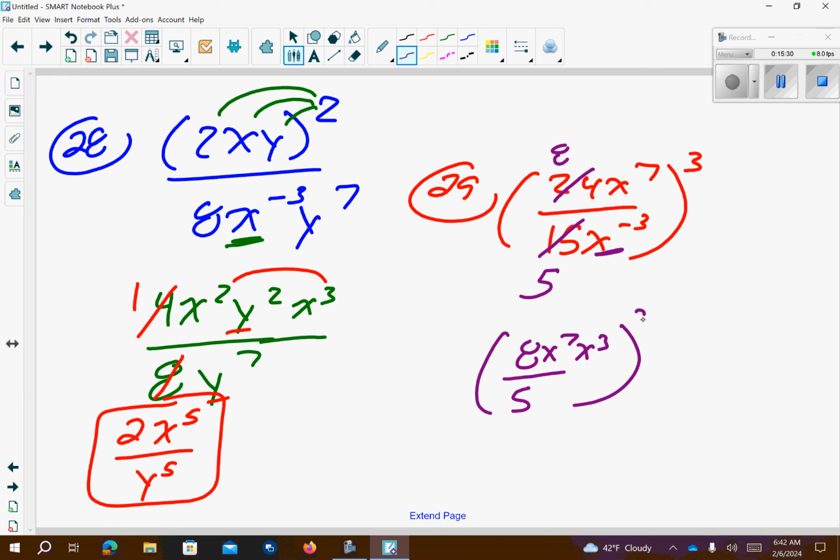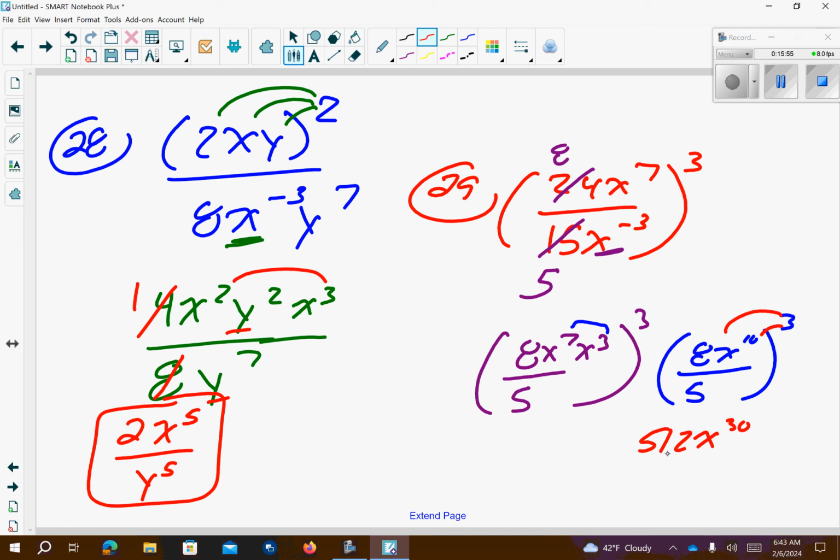Remember, it's all still raised to the third power, so let's not do anything yet. Combine these like terms, so that's going to give me 8 over 5, x to the 10th, and then it's still raised to the third power. So if I distribute this in here, here, and here, I get 8 to the third, which is 8 times 8 times 8. 8 to the third, I believe, is 512. X to the 30th, and then 5 to the third is 5 times 5 times 5, which is 125, and those will not reduce.